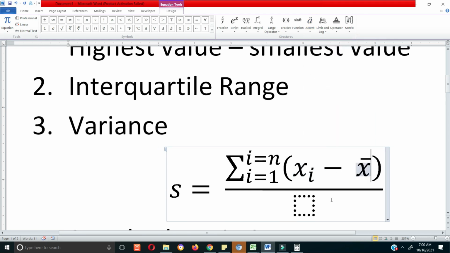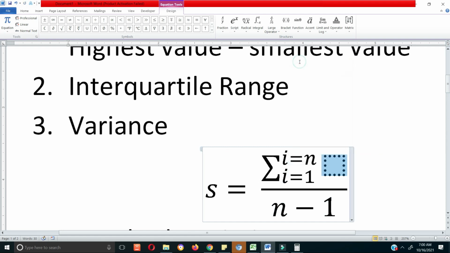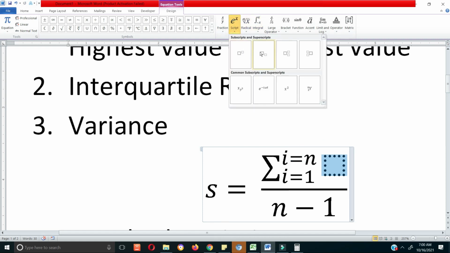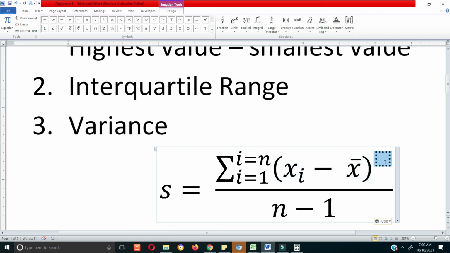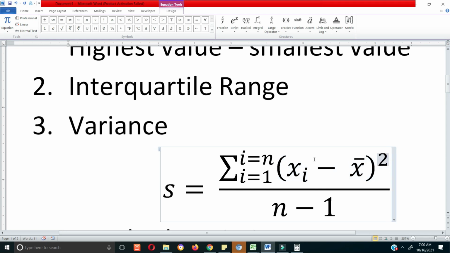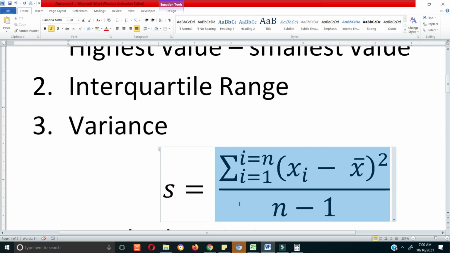Oh wait, you also want to square this. So you have the sum of the squared deviations over n minus 1, where n is the number of elements that you have in your data.